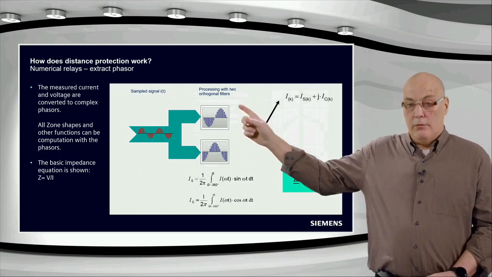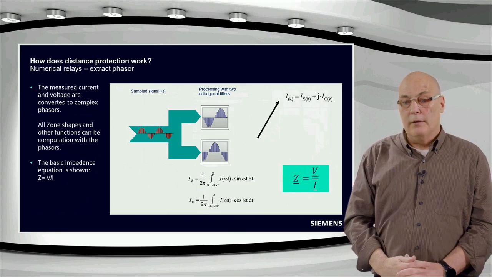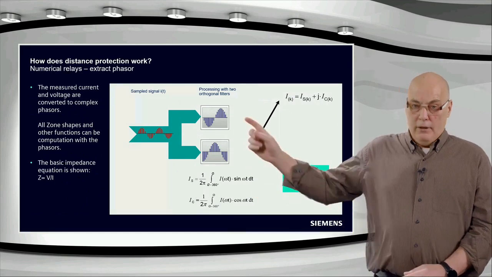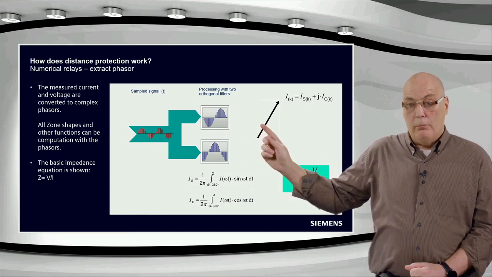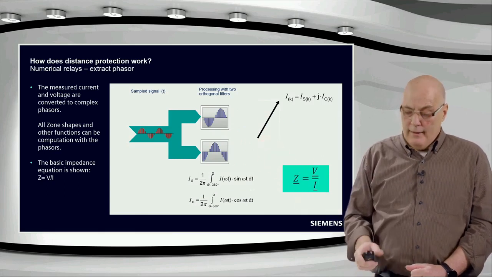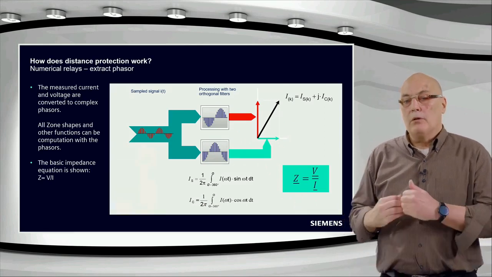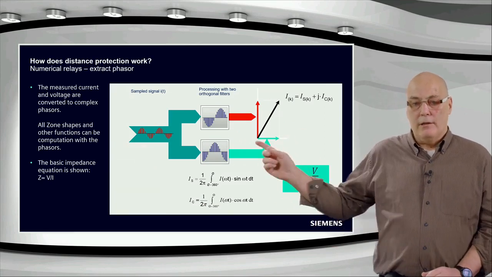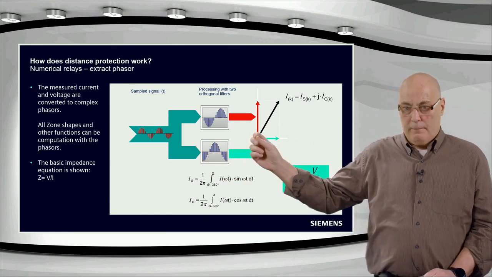So you basically run it through an orthogonal filter. I don't want to do filter theory. There are different techniques of doing this, but the advantage of the orthogonal filter technique is that you get directly two components out. The two components are, in the example here, the real and imaginary components, the quadrature components of the phasor. So you can extract a phasor from an analog signal through these quadrature orthogonal filters.